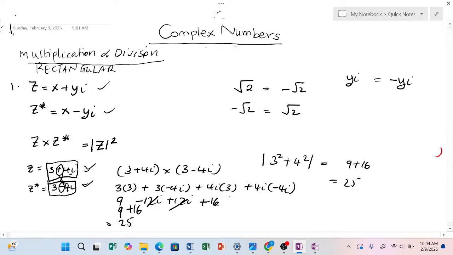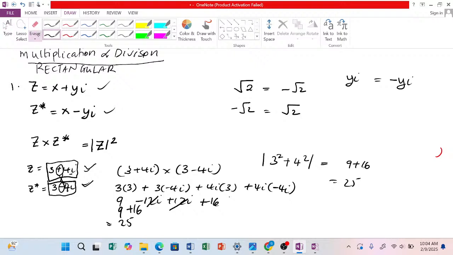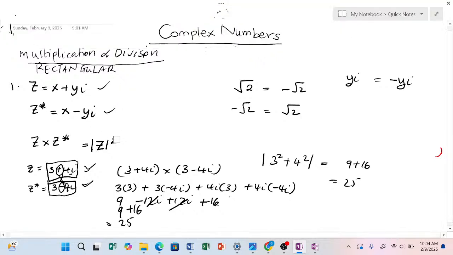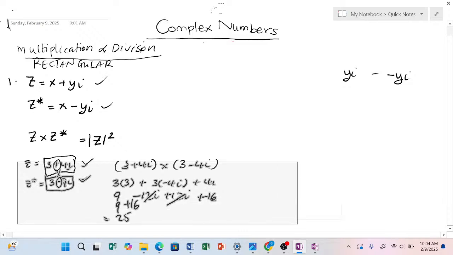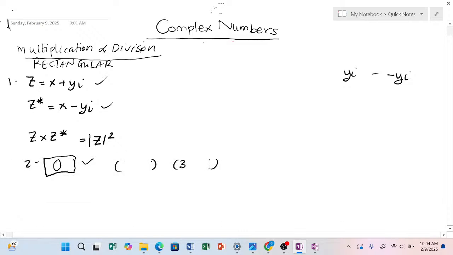Also, another theorem that we need to know, so this is the first one.